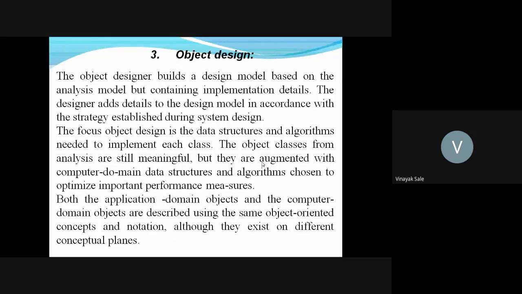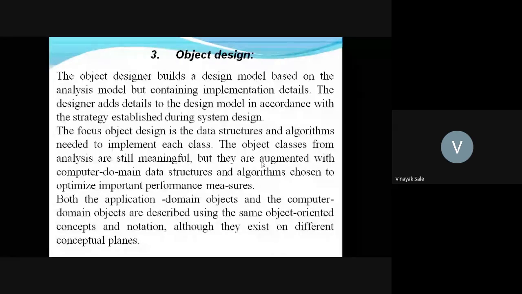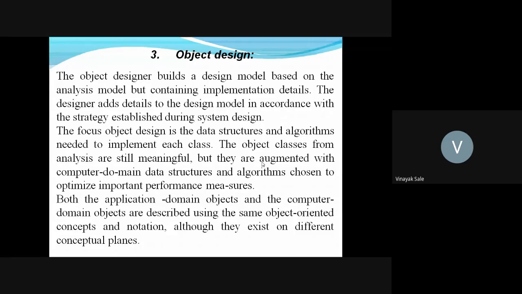The object classes from analysis are still meaningful, but they are augmented with computer domain data structures and algorithms selected to optimize important performance measures. Both application domain objects and computer domain objects are described using the same object-oriented concepts and notations, although they exist on different conceptual planes.